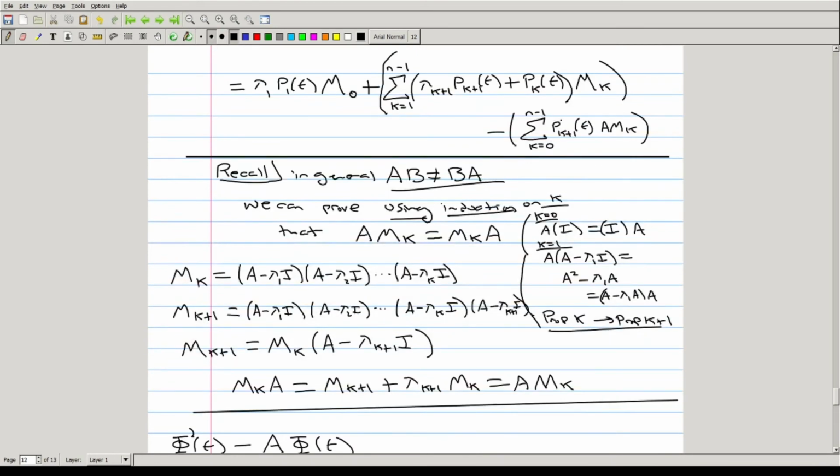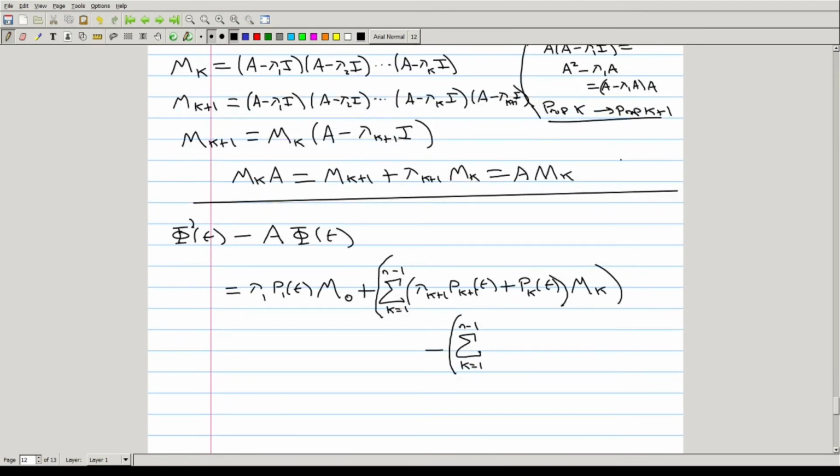Remember, we have here p_{k+1} of t times A M_k, which is M_{k+1} plus lambda_{k+1} times M_k.